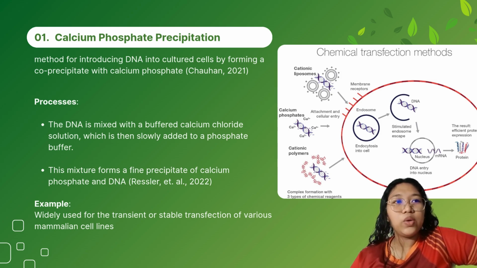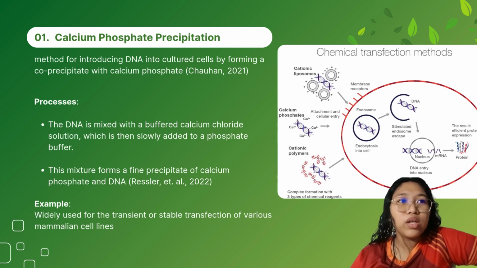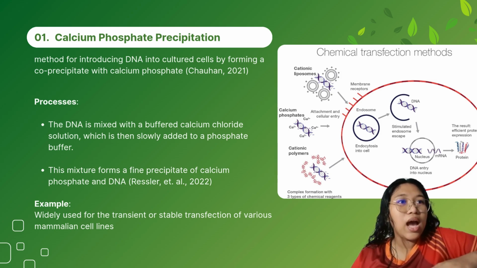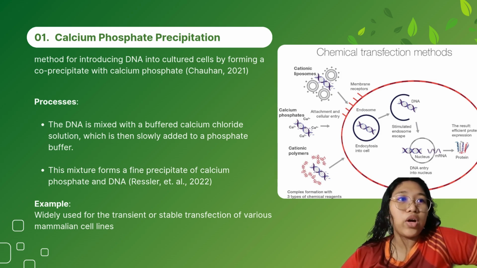Now this process uses DNA that is mixed with the buffered calcium chloride solution, which is then added slowly to the phosphate buffer. This mixture forms a fine precipitate of calcium phosphate and DNA.